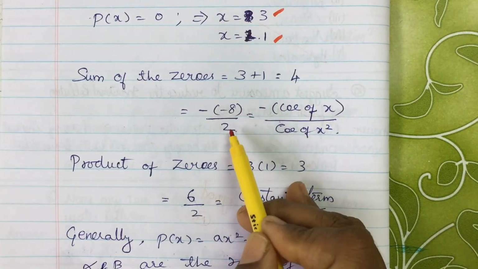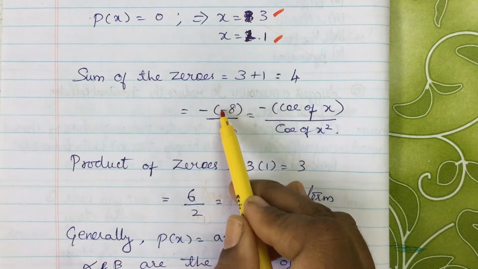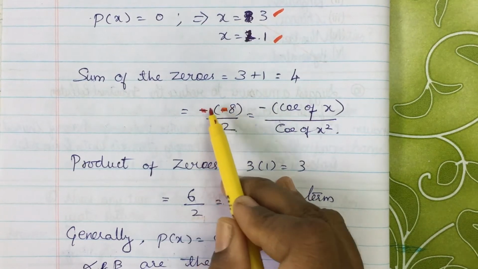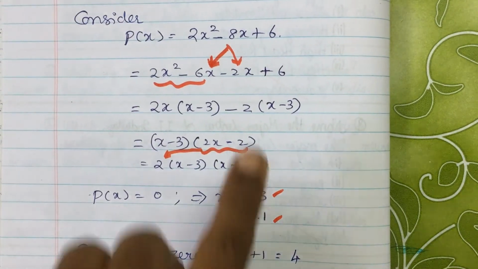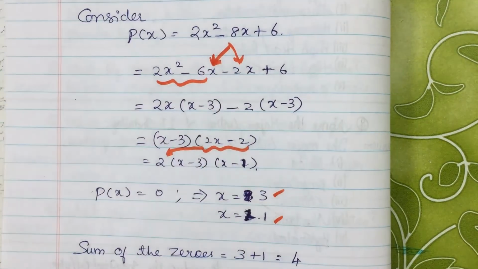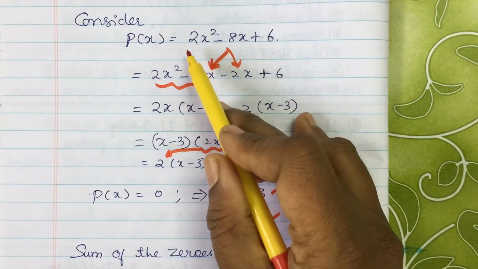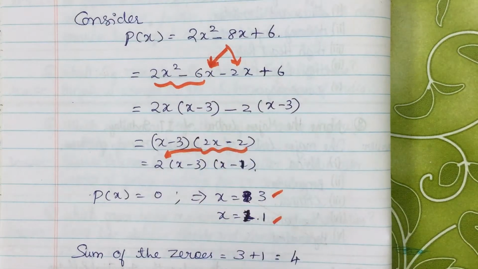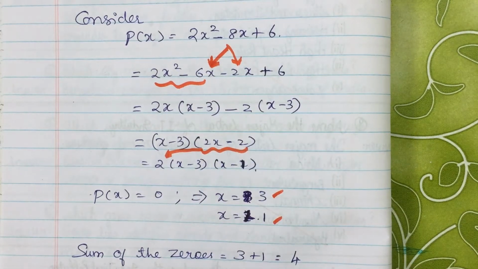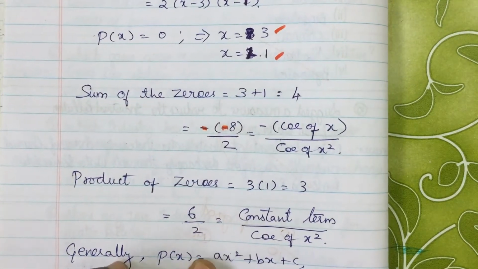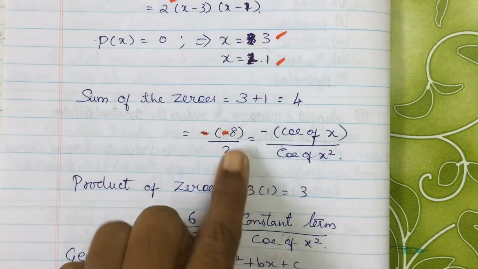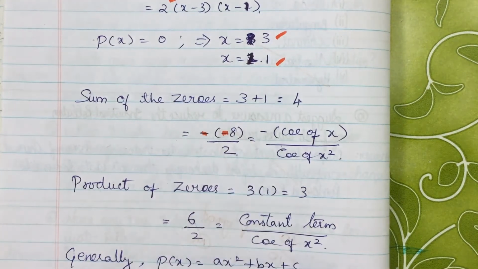So I have multiplied the numerator and denominator by 2. So I got 8 by 2, and I have added one minus sign also. Why? Because in the given expression, you will be having minus 8 here, plus 6 here, and here it is plus 2. In order to bring that minus 8 inside, I have multiplied the numerator and denominator by 2, and then I have added a minus inside.